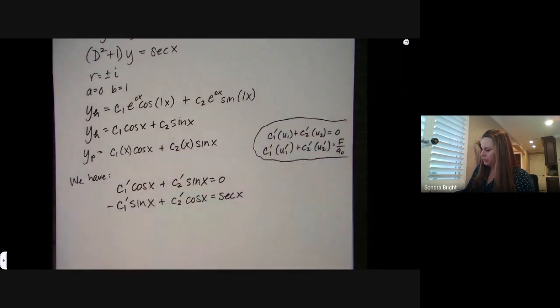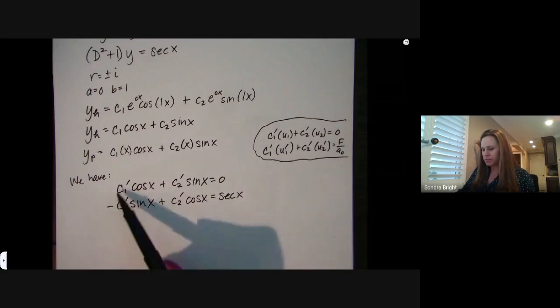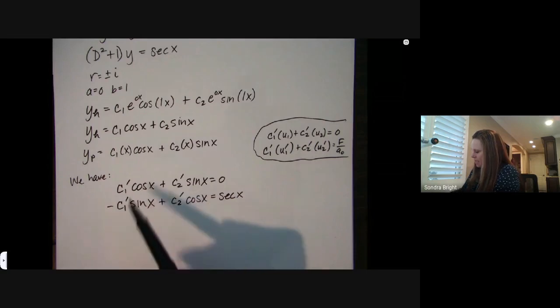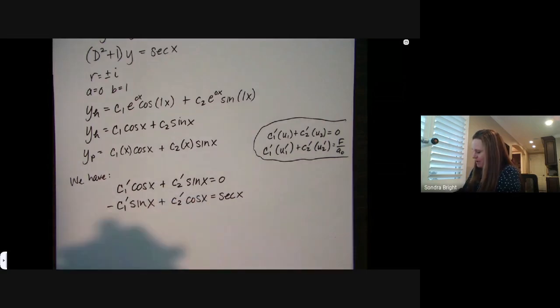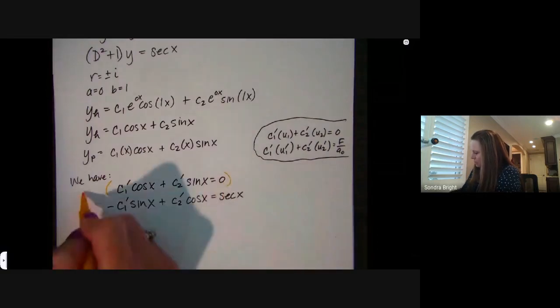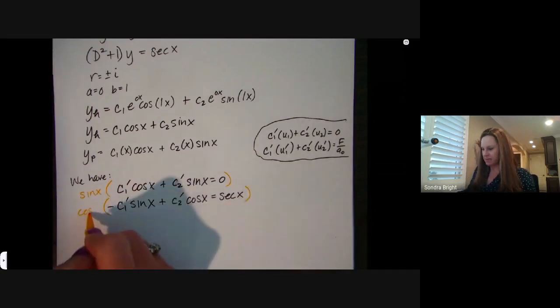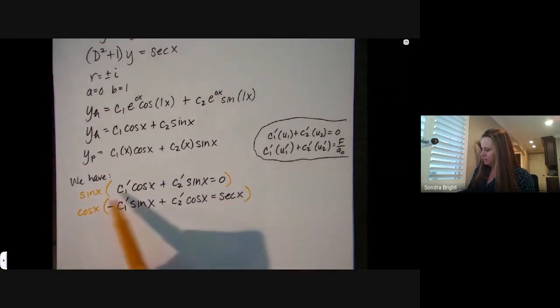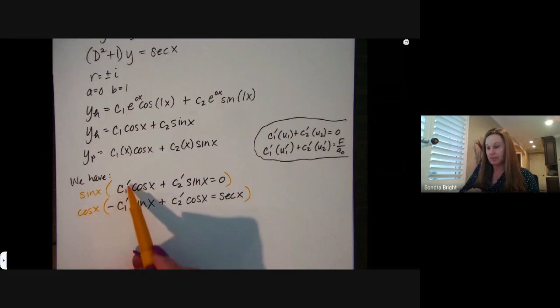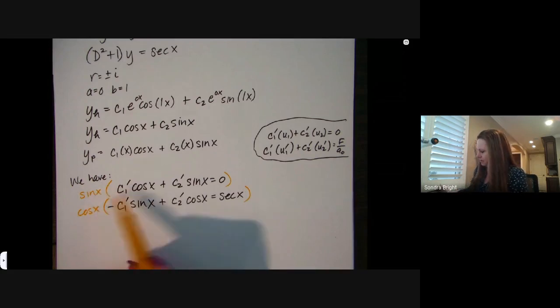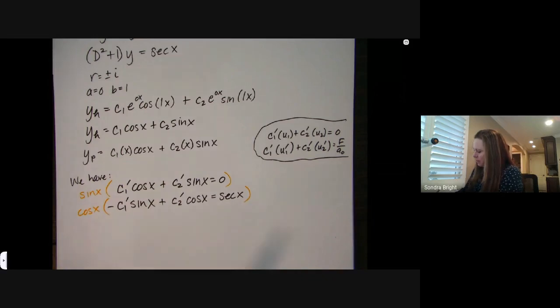Now we want to solve this system. I notice I've already got opposite signs here. So I'm going to multiply the first equation by sine of x, and multiply both sides of the second equation by cosine of x. Then the first terms will be opposite in sign but the exact same terms, and when I add them together, they will cancel out. I did not leave myself enough room, so I'm going to come down here.